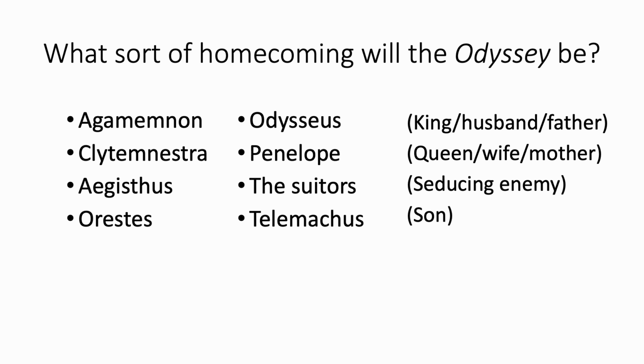Finally, a word about what's happening on Ithaca as the poem begins. This is clear enough, I think, in the poem itself, but it's one of those things that it might be helpful to know about in advance as you begin your reading. The situation on Ithaca, as the Odyssey begins, is, in a word, bad.